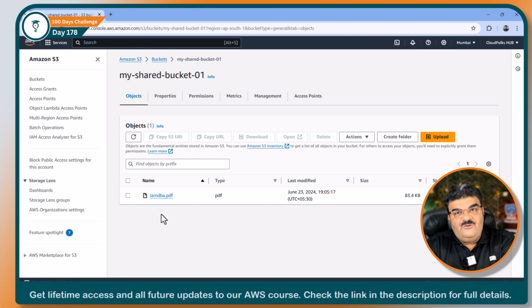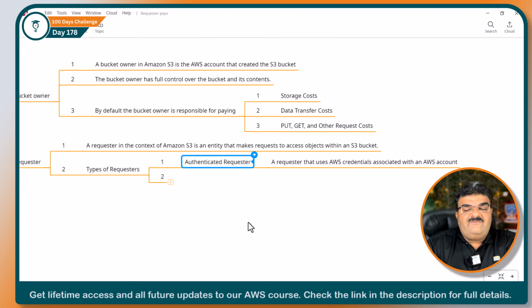So I will give permission to your AWS account and then you can access this. Because you are using your own AWS account, we call it cross-account access, but at least you have your AWS account and you are authenticated using your account and then accessing this. So in this case, we call you an authenticated requester.